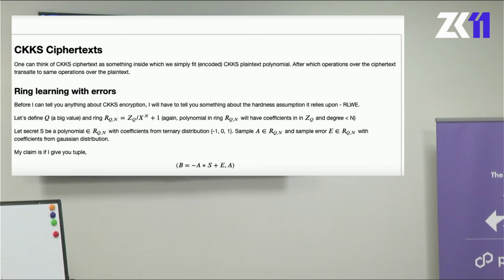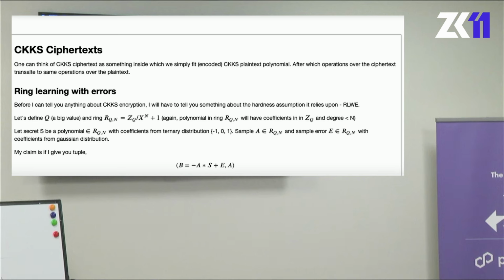and A, if I give you this without giving you S and E, you can never find what S is. This is the hardness assumption that we're making. S is a polynomial in this ring with coefficients from this distribution, so its coefficients could be 1, -1 or 0, randomly.